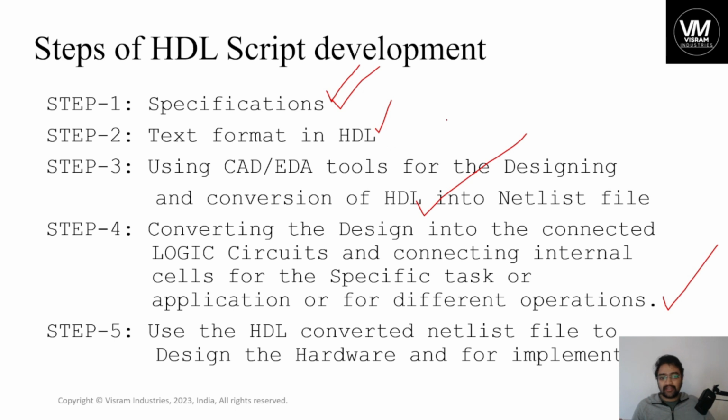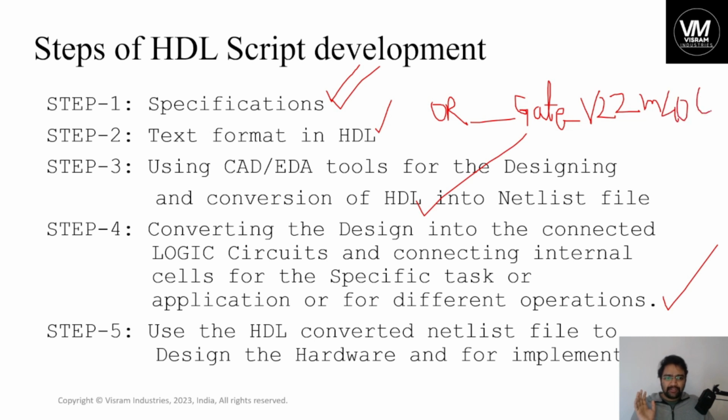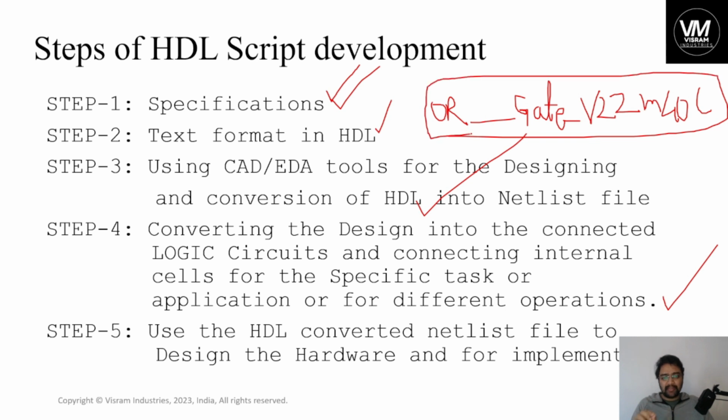That logic gate's nature can be something; I mean, this OR gate requires a voltage of 2.2 and also a temperature, sometimes minus 40. So that kind of nomenclature will be available in the libraries.